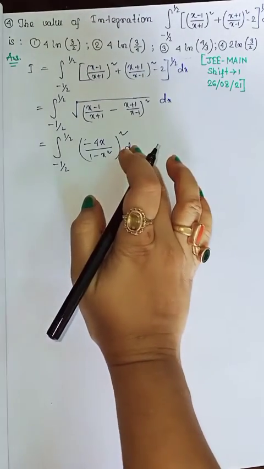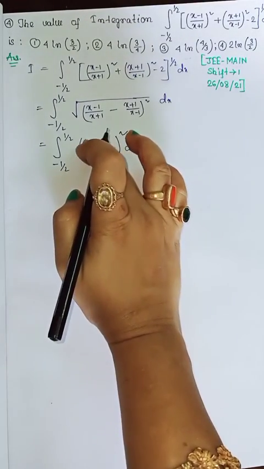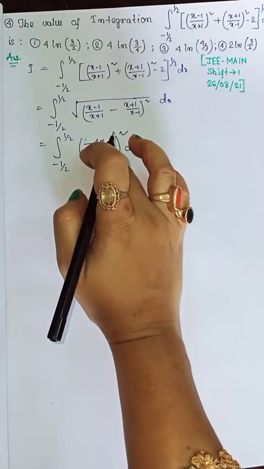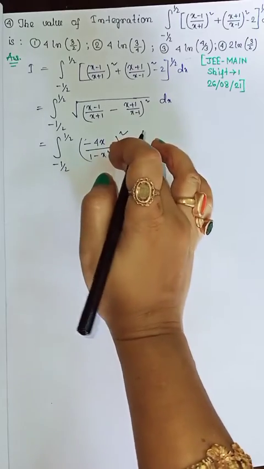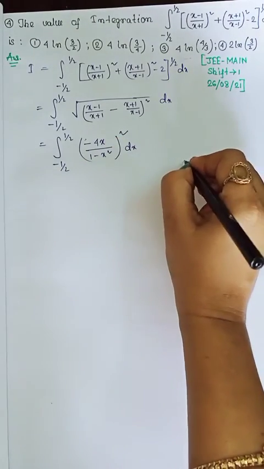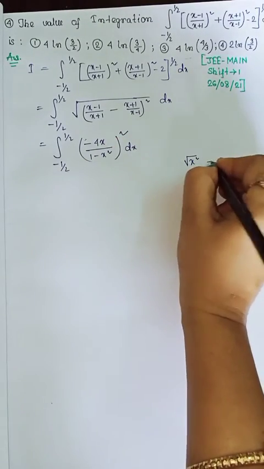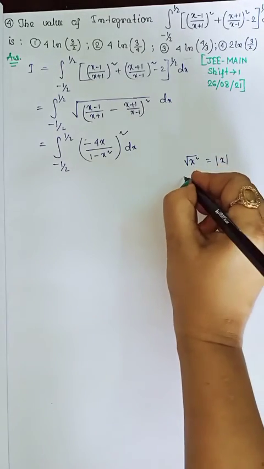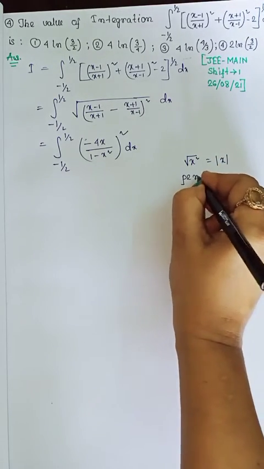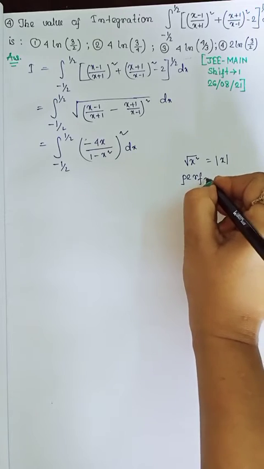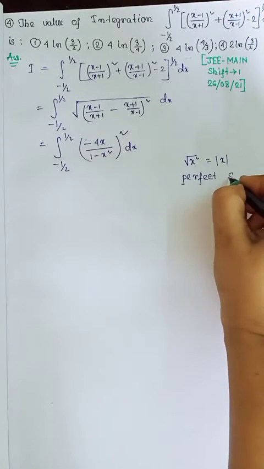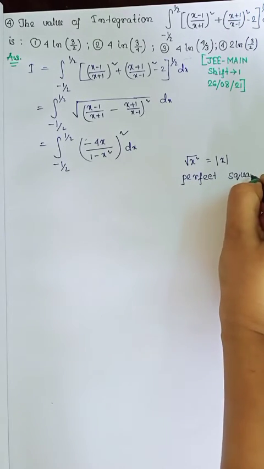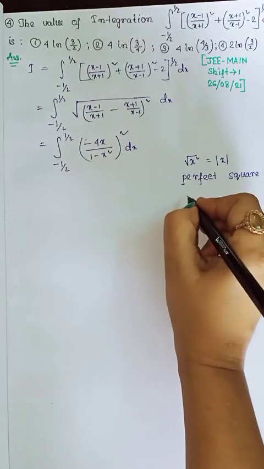Now since it is a square, minus is not acceptable here as it is a perfect square. So root of x square is equal to mod x, and it is a perfect square. Three conditions are satisfied: perfect square, and it is an even function.